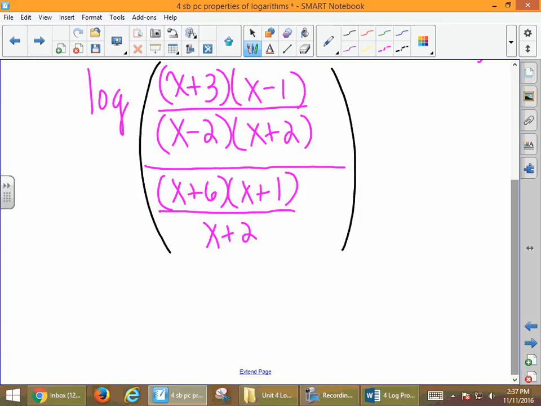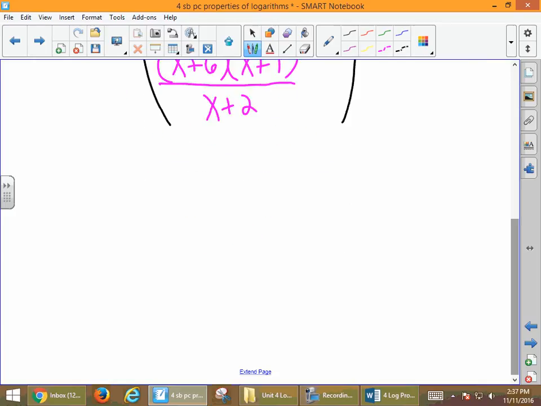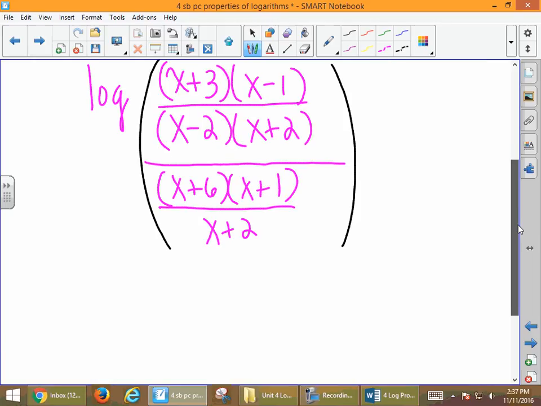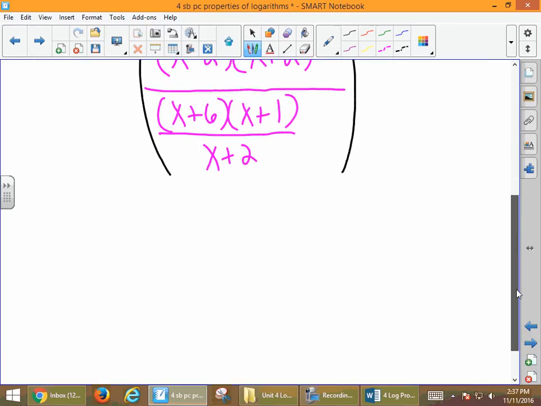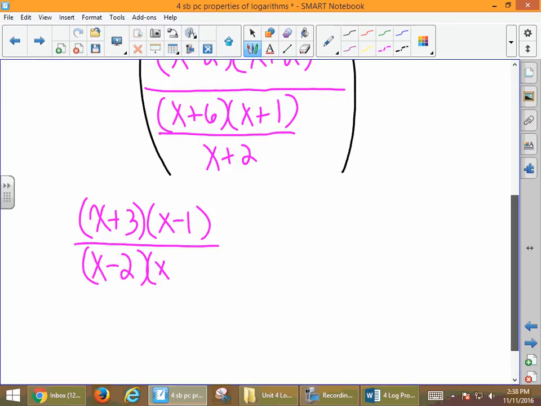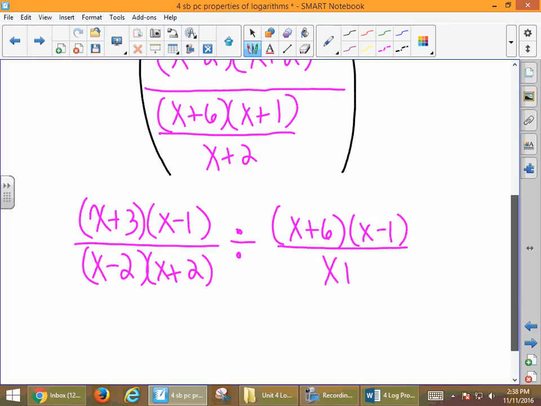So I want to just deal with what's inside this black parentheses for a minute and write it in a little bit different form. If we write it as x plus 3 times x minus 1 divided by x minus 2 times x plus 2, divided by x plus 6 times x minus 1 divided by x plus 2.